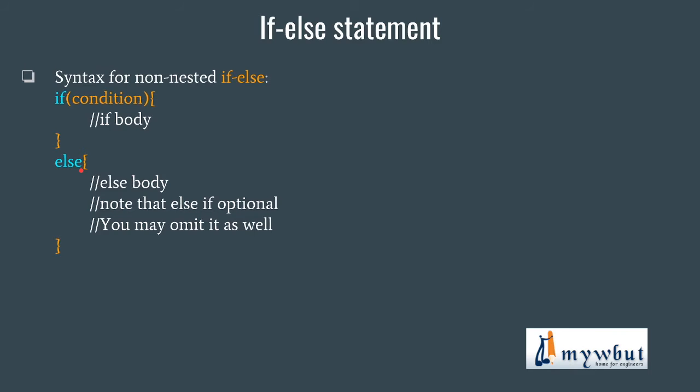Why is it so? This is because condition checking is done using if. The condition expression is always with if. If this condition is satisfied, then something will be done, otherwise this thing is done. That means for all the cases where the condition is not satisfied, this part of code will be executed, and that is why we do not need to place any if over here.